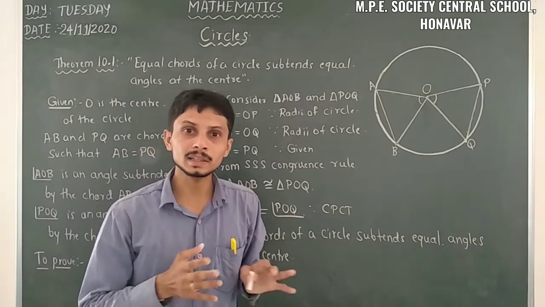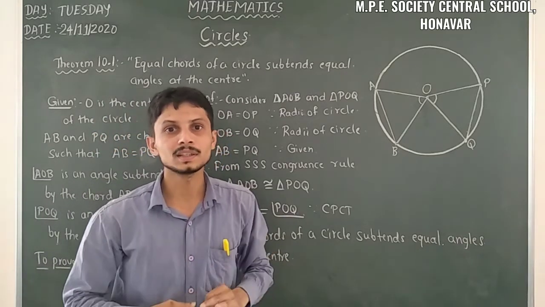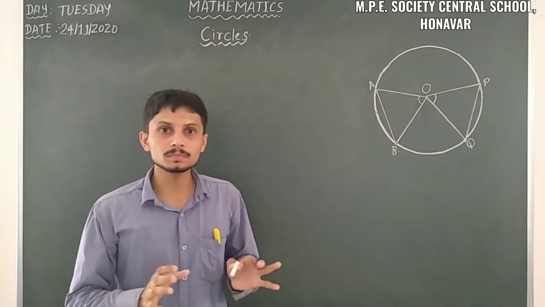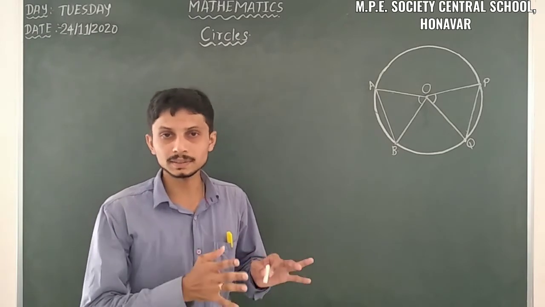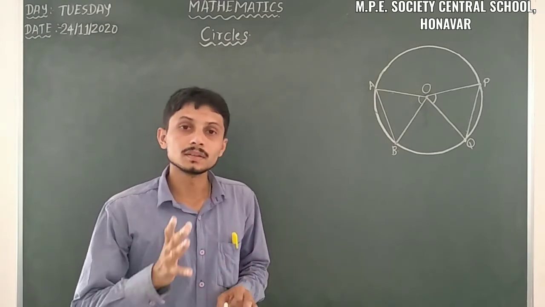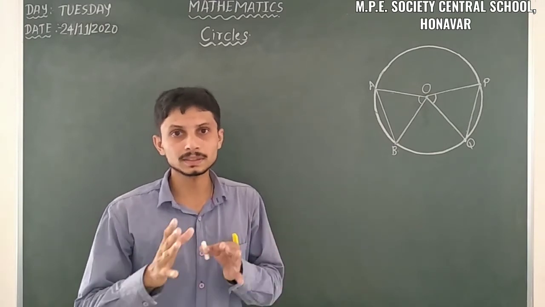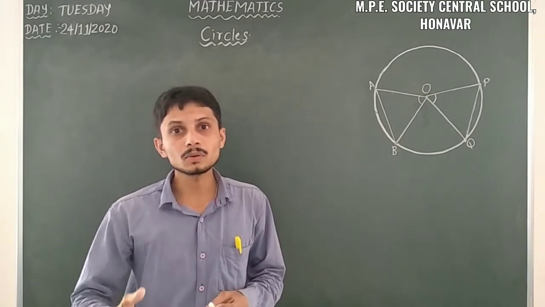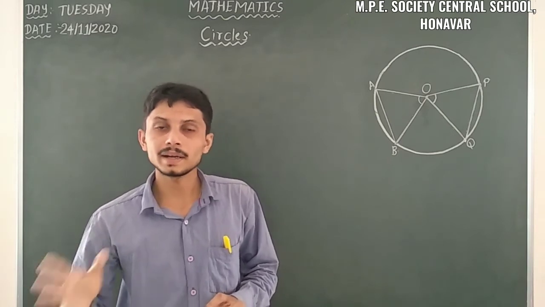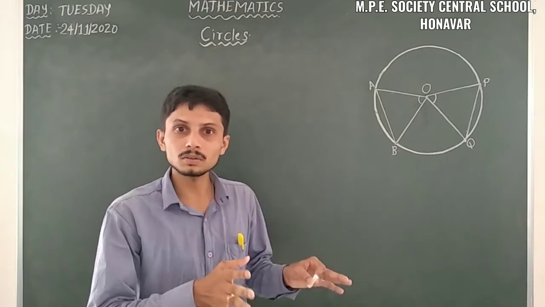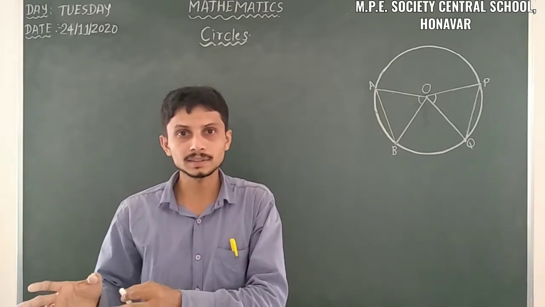So let us take the converse of this theorem. Let us take the converse of Theorem 10.1, that is, equal chords of a circle subtend equal angles at the center. Here there are two parts: the equal chords and the equal angles at the center.